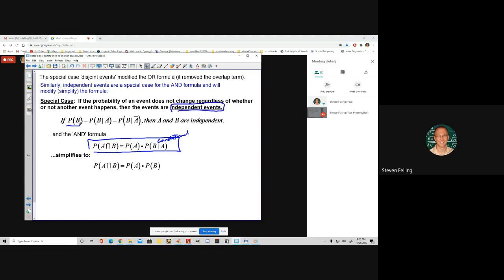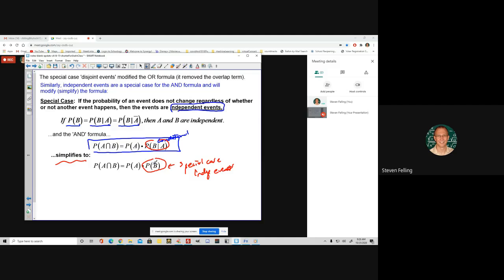So the probability of B would be the same as the probability of B if we know A happens, and would be the probability of B if we know A doesn't happen. And that means that we get to replace this one with the more simple version, probability of B. So we get a simplified version in the special case of AND, independent events. When we have independent events, we get the simpler version where we don't have to have a conditional probability there.